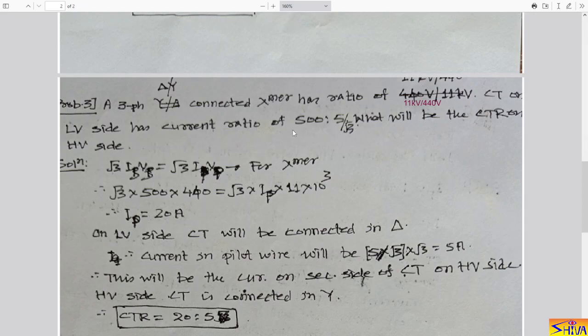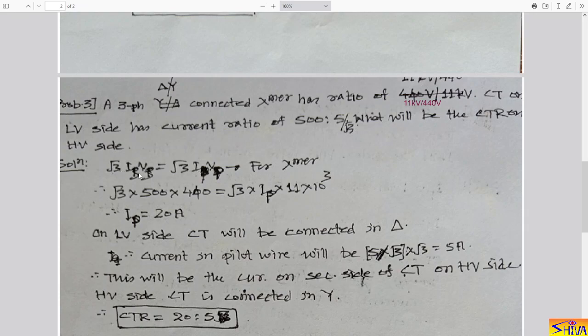Now with reference to this, we assume that the current on the secondary side is 500 ampere. Corresponding to this 500 ampere on the secondary side of the transformer, we compute the current on the primary side. We have the power equation: power on the primary side is equal to power on the secondary side.